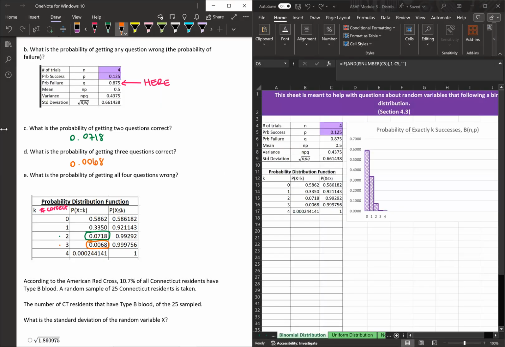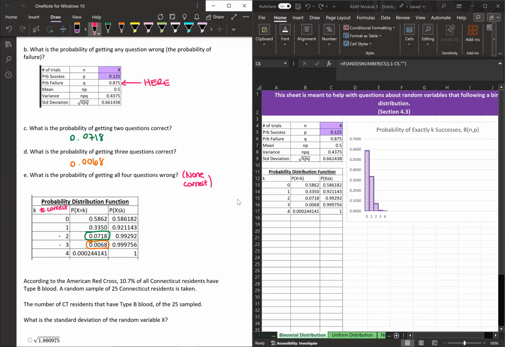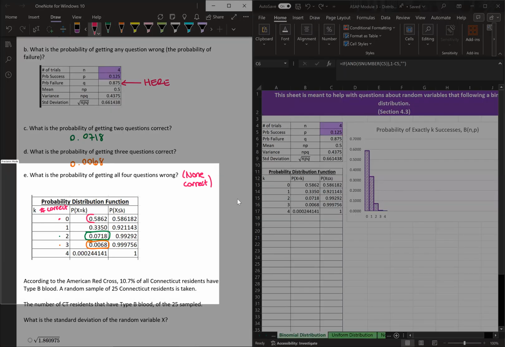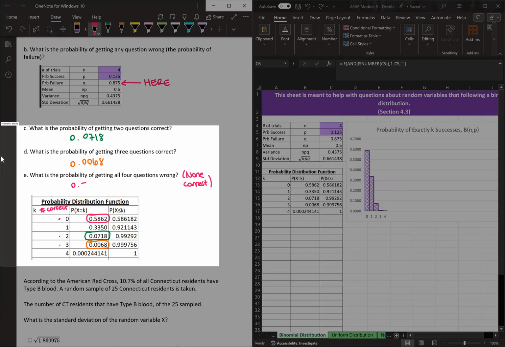What's the probability of getting all 4 questions wrong? That means how many did you get right? If you got all of them wrong, you got 0. So this is the same as getting 0 correct. And so that would just be here. All right, so that's that problem.